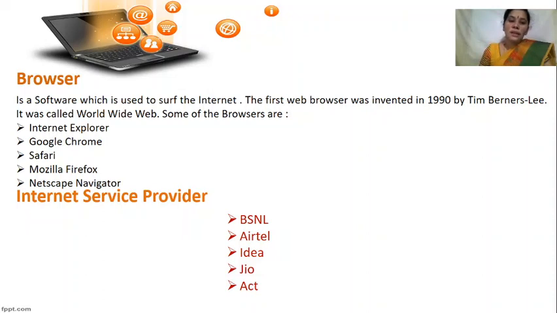So in this first part we have discussed what is internet, what is network, different types of network, browsers and service providers. Next, we'll see the uses, how the internet is used in different aspects.